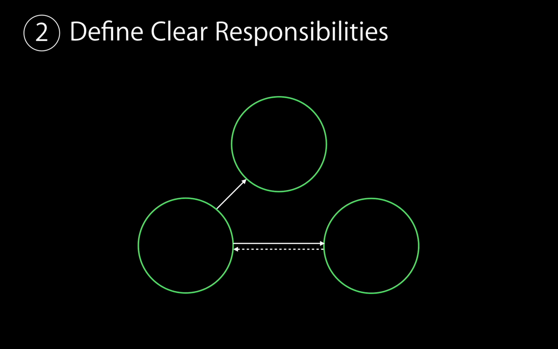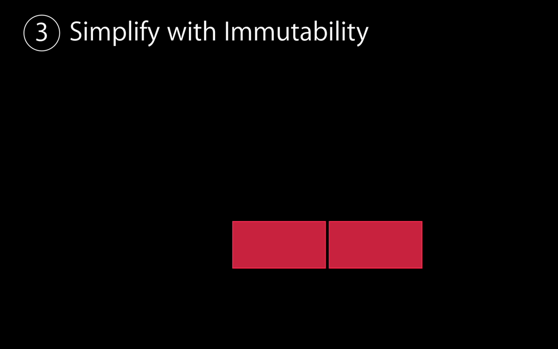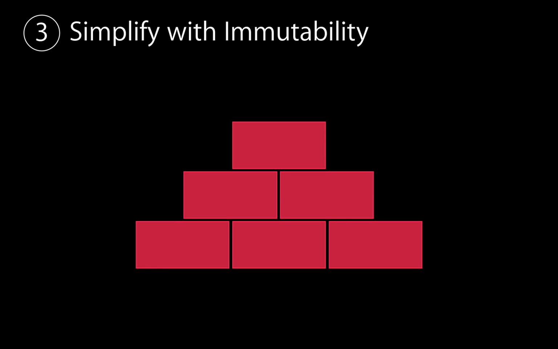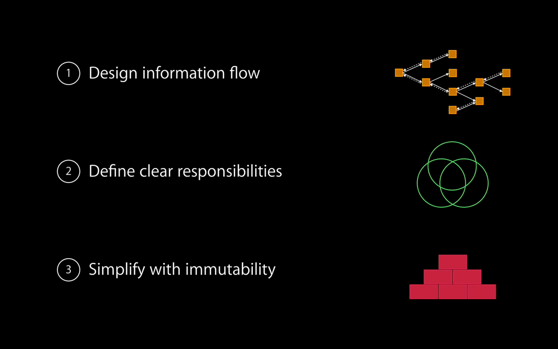And then, when our objects start to become amorphous blobs, we're going to separate them and actually define what their responsibilities are, and hopefully get each of those circles a little smaller. And finally, when the very ground seems to be shifting out from under you, we're going to take advantage of immutability, and in particular, some new features of Swift to really get a handle on things. So those are the big concepts from today.